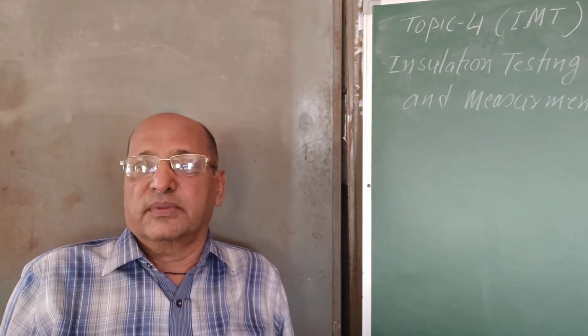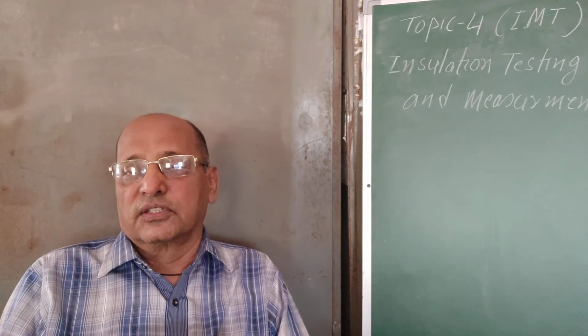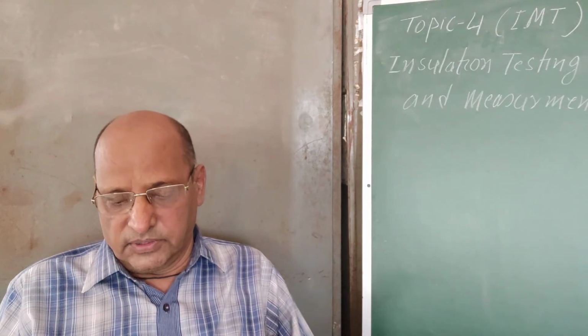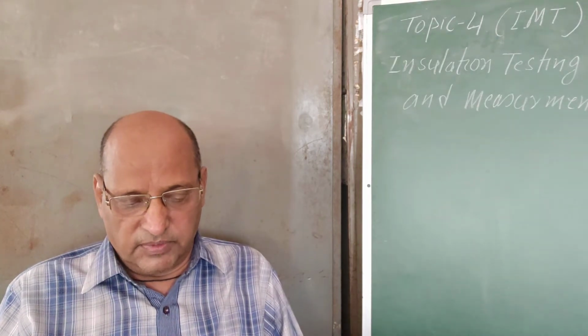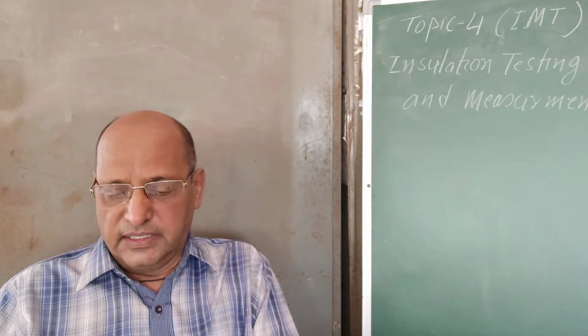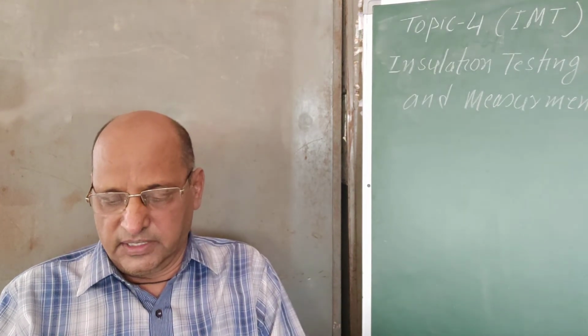For different types of installation the megaohm value is fixed, so according to the recommendation for the particular equipment or installation, the insulation is decided and the measurement is taken with the help of the Megger.